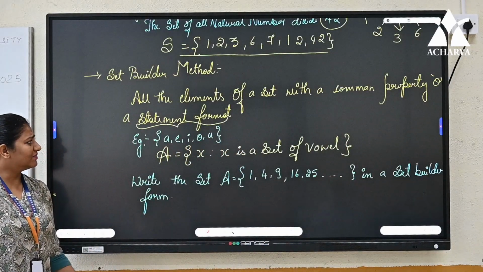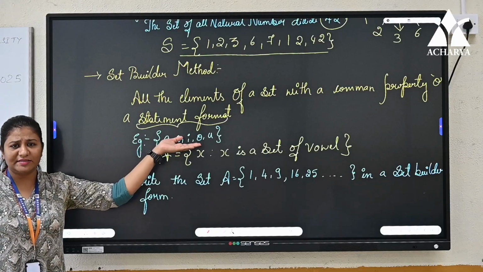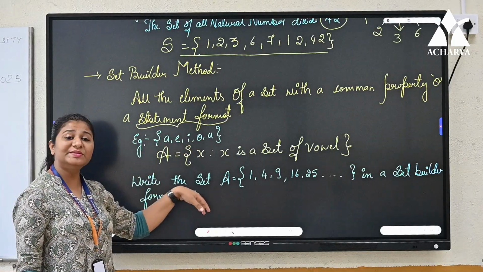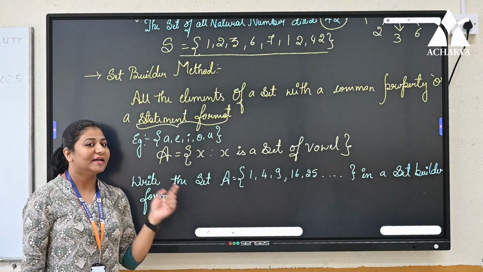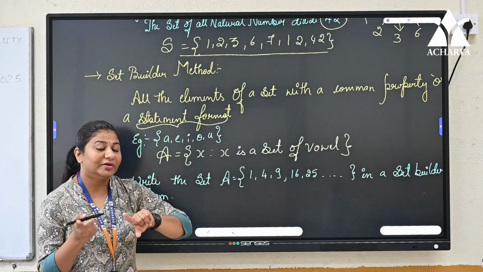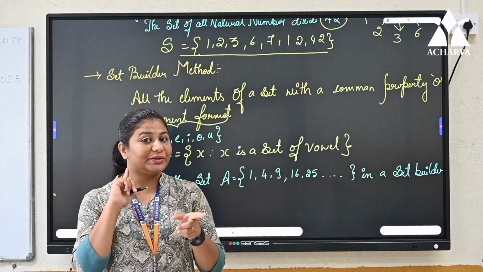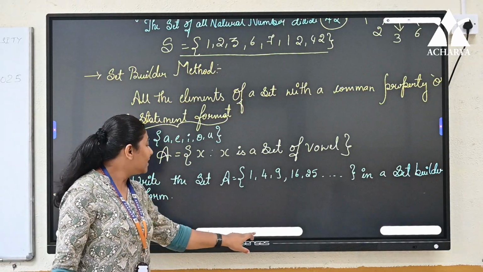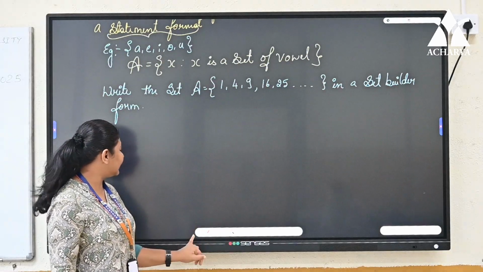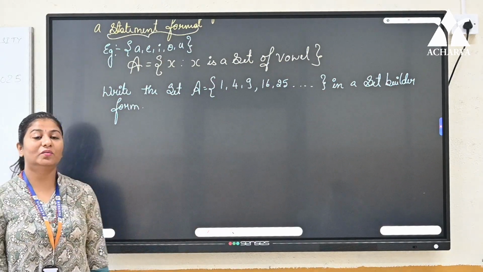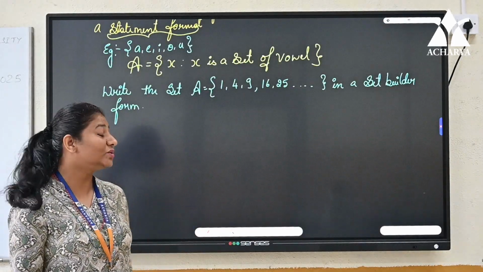Let us take another one. When it comes to alphabet, it is easy to verify. When it comes to numbers, it is very different, so when you are defining each and everything, you have to be very careful. Here they have given the set A equal to {1, 4, 9, 16, 25}.